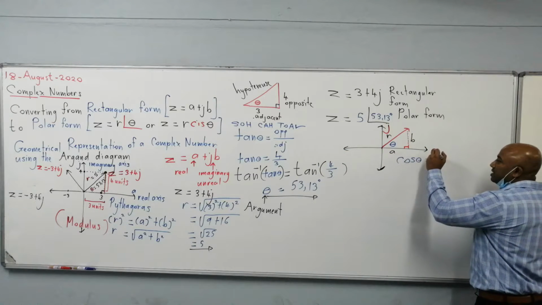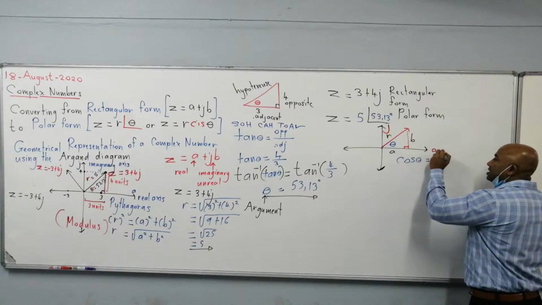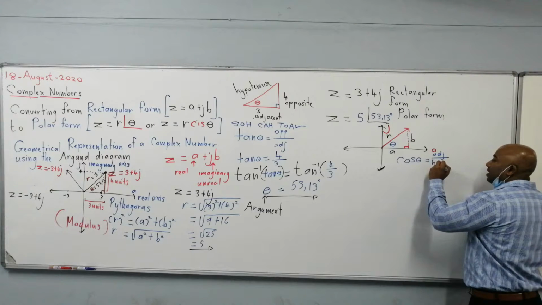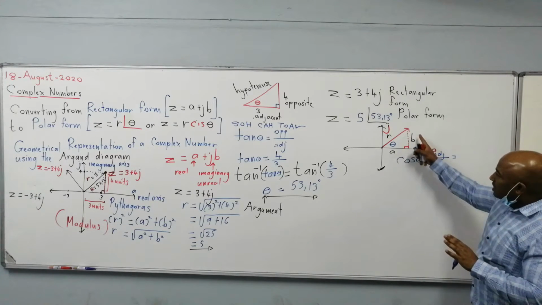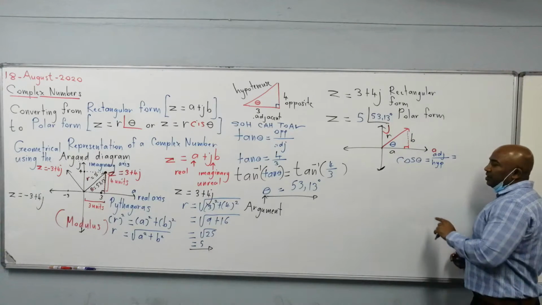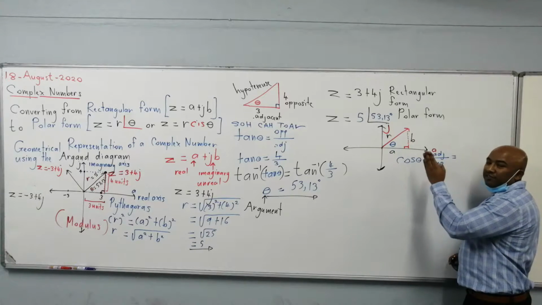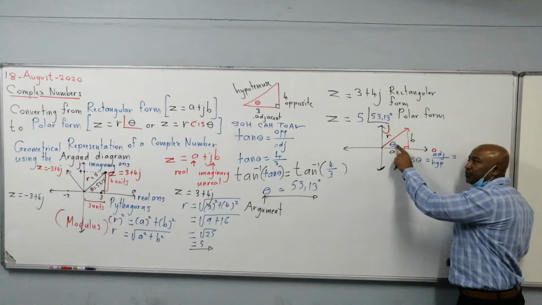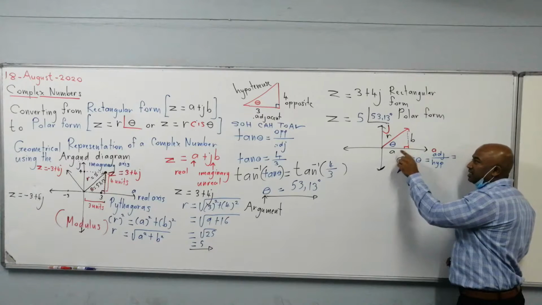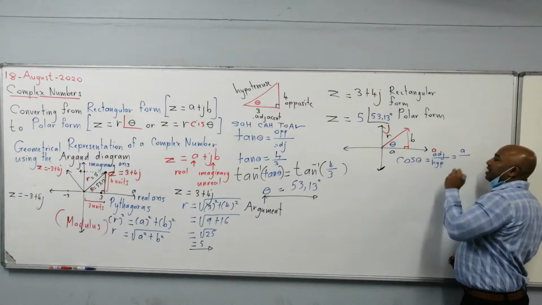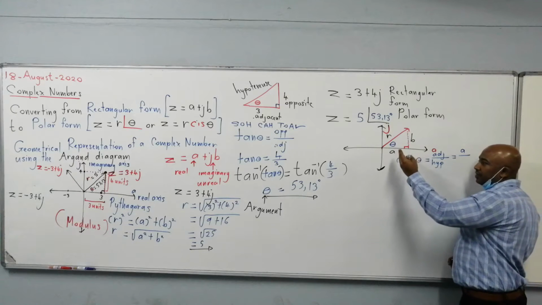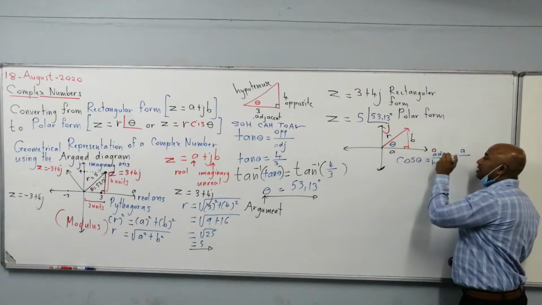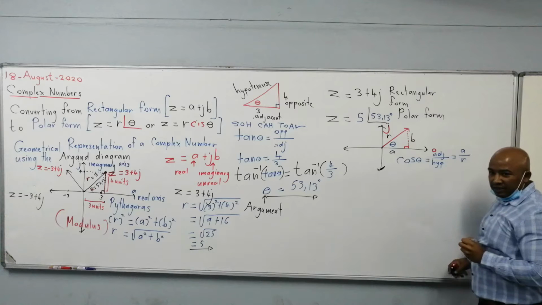From this diagram here, what's the adjacent side in terms of A, B, and R? Adjacent means next to the angle, that means your adjacent is A, and hypotenuse is R. You're clear with that?